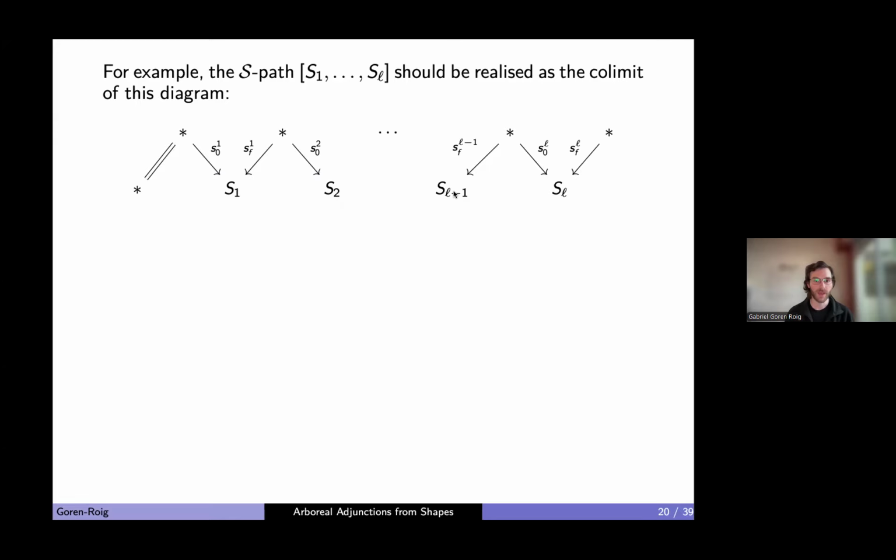And then at each node, we just have the corresponding shape. And to glue them along endpoints means that we consider spans from the point that are precisely given by the start point and the end point, or source and target of every shape, because they are bipointed. So then we just take the co-limit of this.